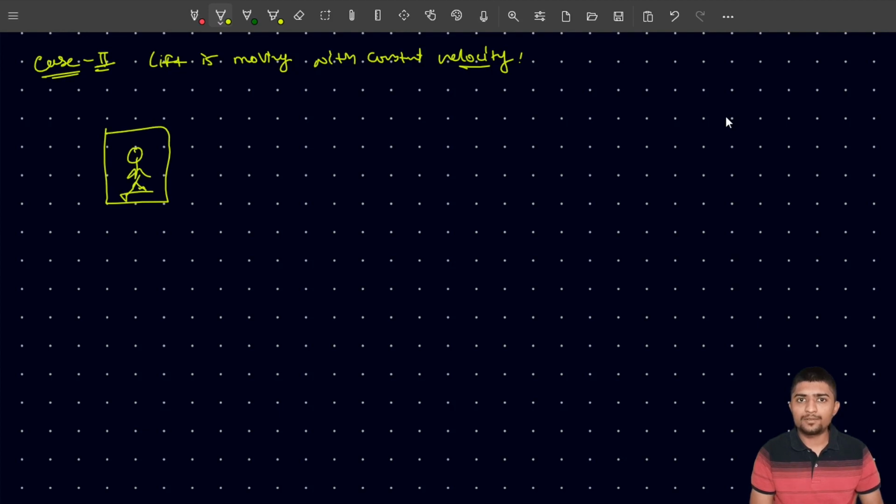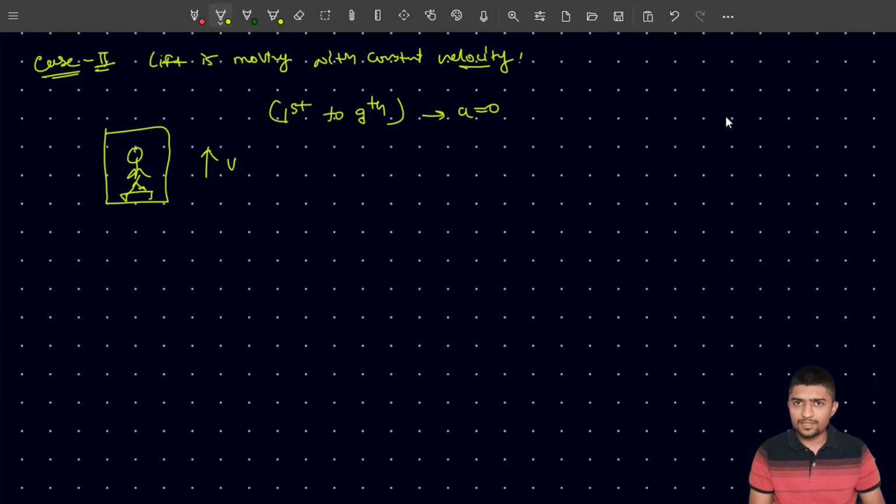Person is standing on the weight scale. The velocity is constant. This is the case of first floor to 9th floor journey. Okay, first floor to 9th floor, acceleration is 0 and the lift is moving upward.